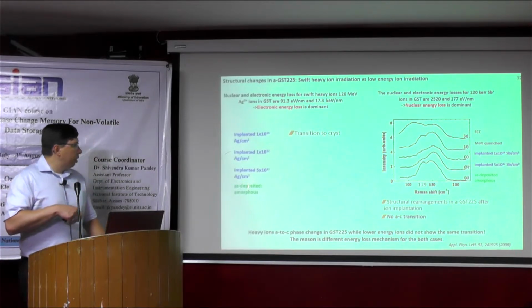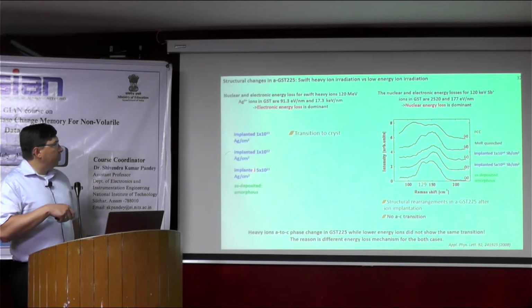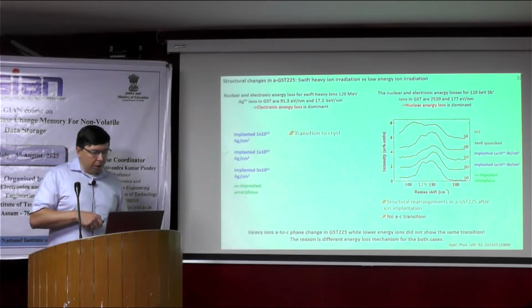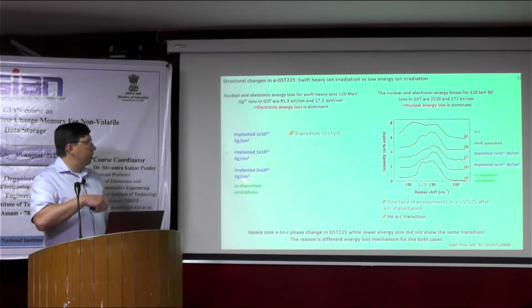If you start with the amorphous phase and irradiate it with ions of different fluences, like 10 to the 11, 10 to the 12, and 10 to the 13, one can see the transition from the amorphous to the crystalline phase.